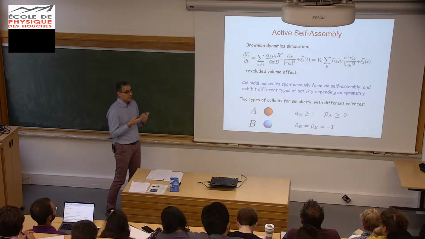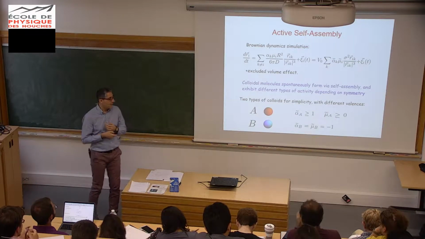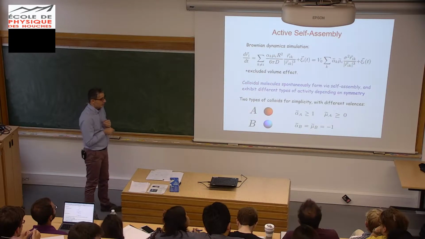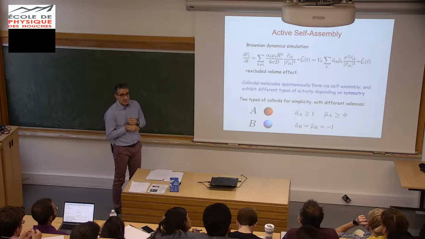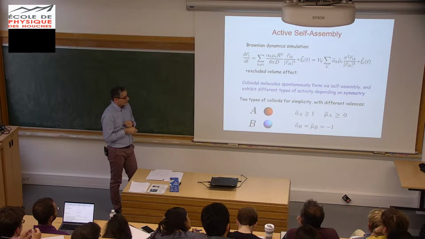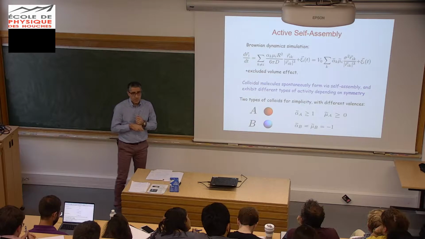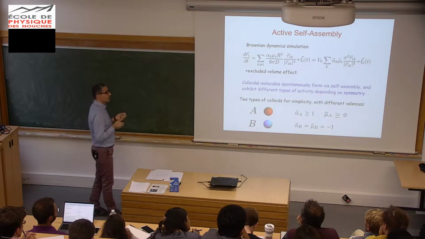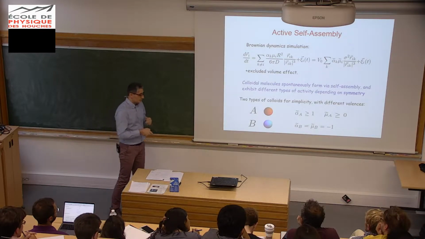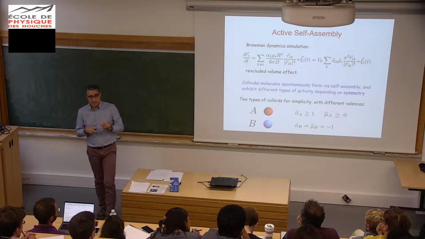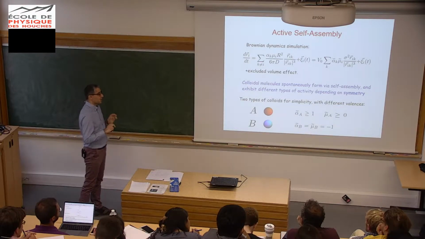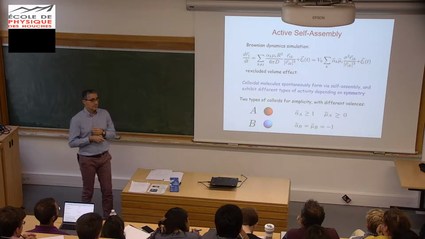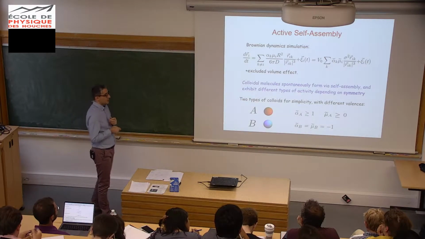So let's just think about ionic systems and have these particles with different valences. So particle B is basically monovalent, negatively charged in this non-equilibrium sense, and the alpha particle is multivalent and has the opposite charge. So we expect A and B to attract each other, and B and B to avoid each other, and A and A to avoid each other, and this will be largely what will happen, so that we can concentrate on the interaction between A and B molecules.